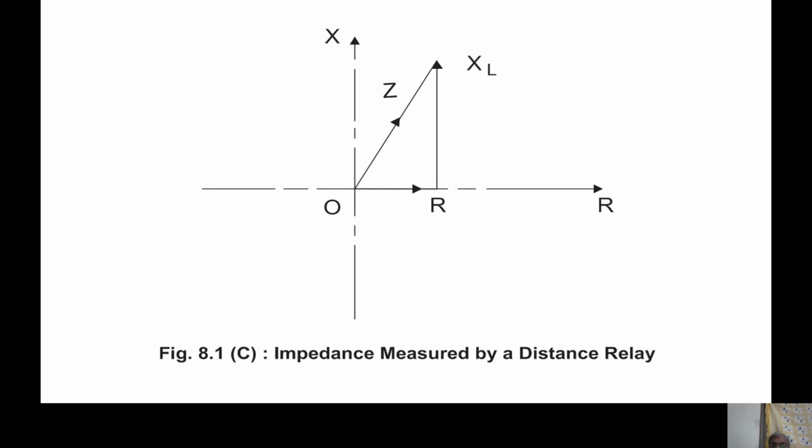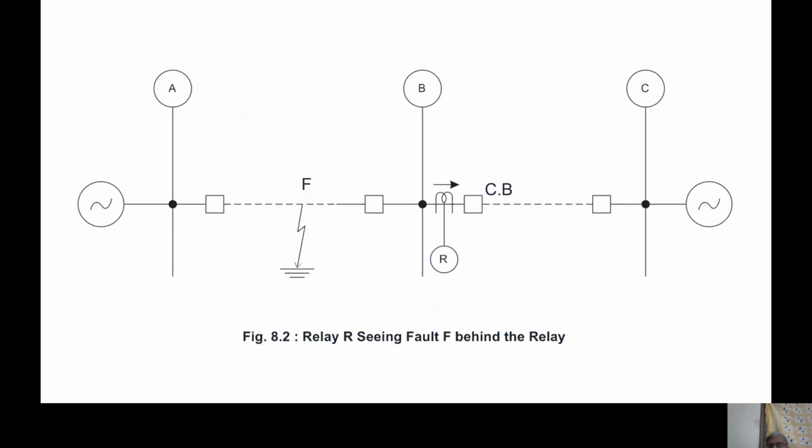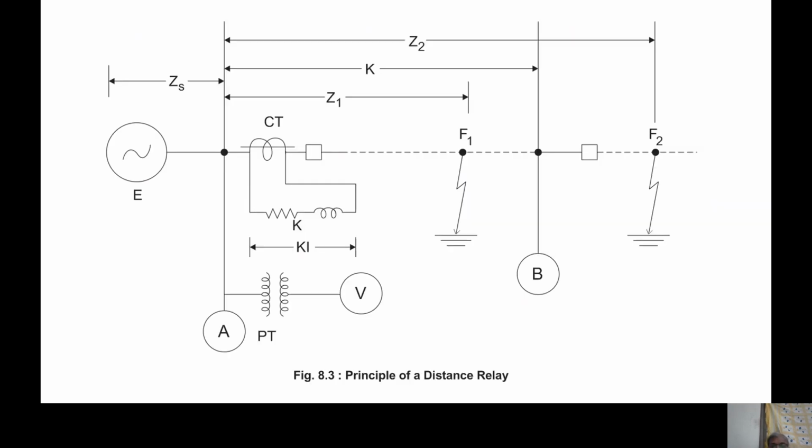What is meant by a fault behind the relay? That also we talked about, right? So this will be a fault seen in the third quadrant, and this we do not want to see. With any relay, this will happen if it is non-directional, so it has to be directional. So what is directional? What is non-directional? Yes, this simple thing also can be made directional.